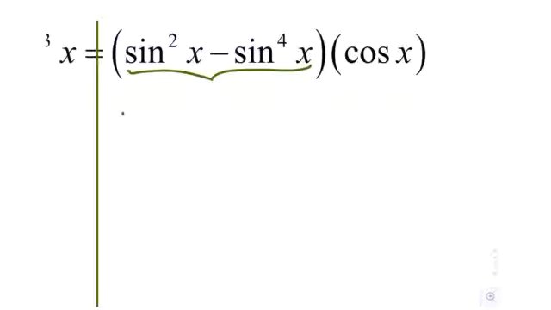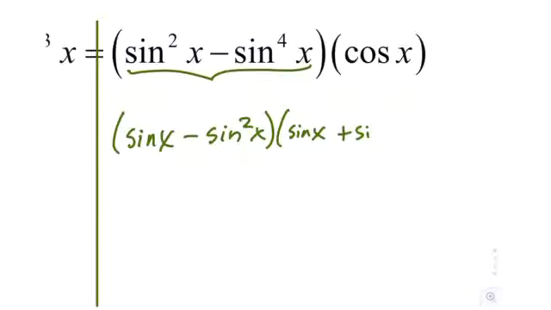So it could be that you want to factor that as sine of x minus sine squared of x times sine of x plus sine squared of x. That's not something that even came on my register because I kind of know how to do it. So sometimes I get caught in this narrow-minded vision of things without exploring other options. So that could totally be a possibility.